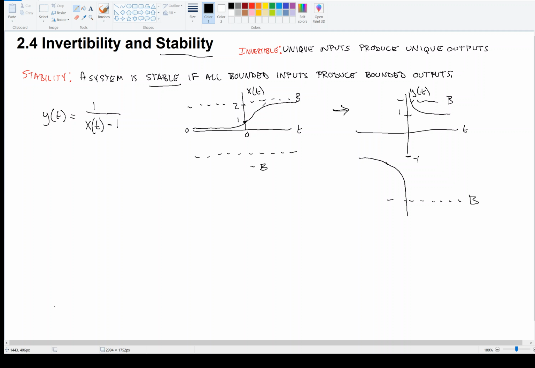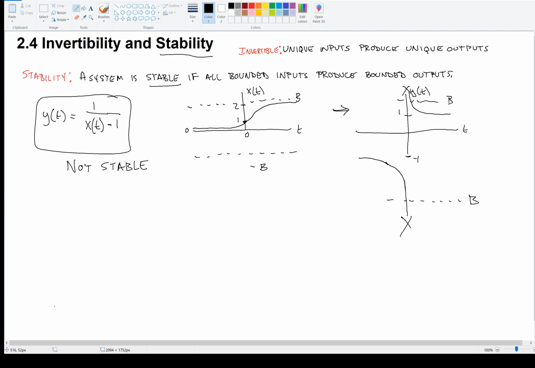Okay, so in this case, a bounded input produces an unbounded output. So this system with this input-output relationship is not stable. Okay, you've got something that goes off into infinity land up here.